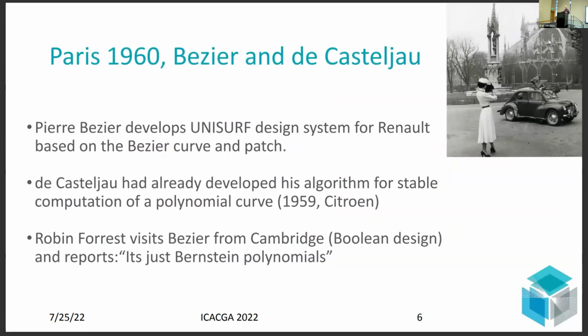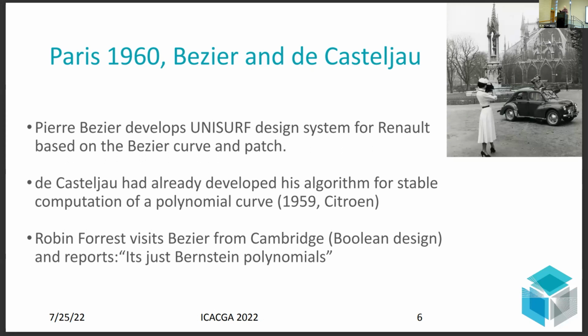Oh yeah, extra slide. There was something in the water in 1960 Paris, or in the wine. Two major automobile companies were both very interested in, and apparently, according to some reports, independently interested in designing their products with computers.